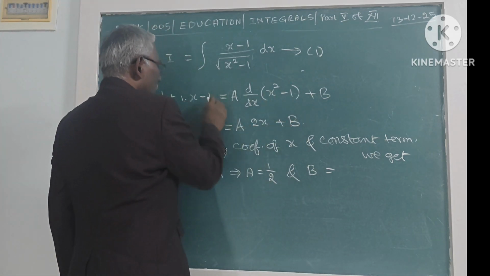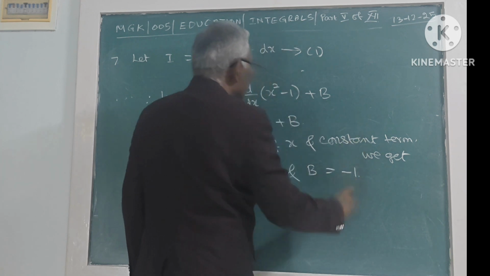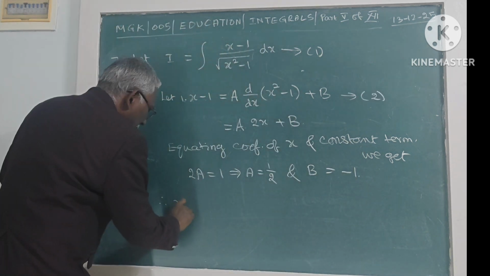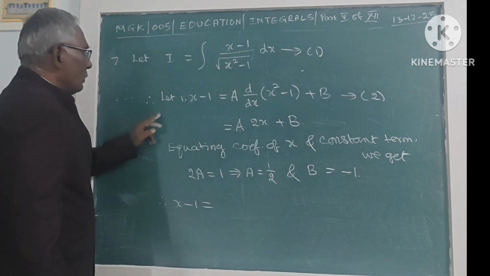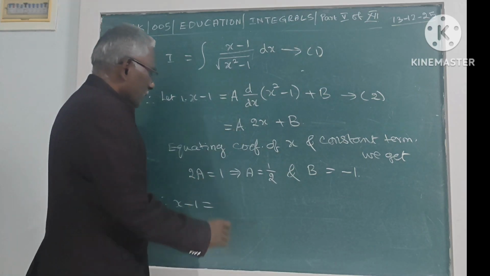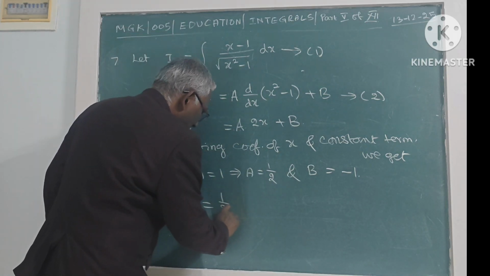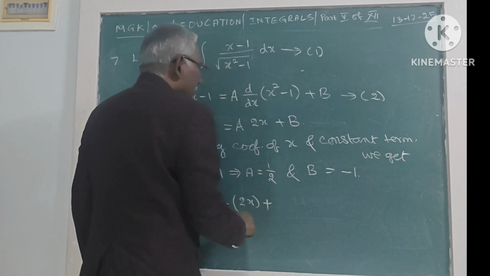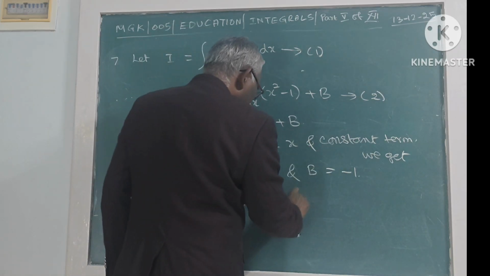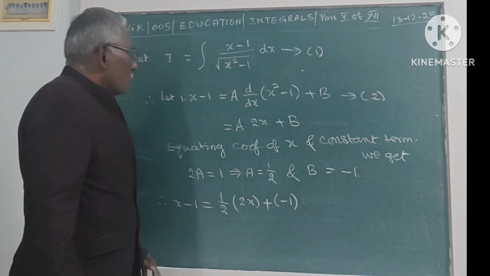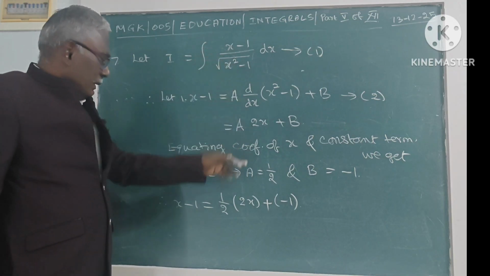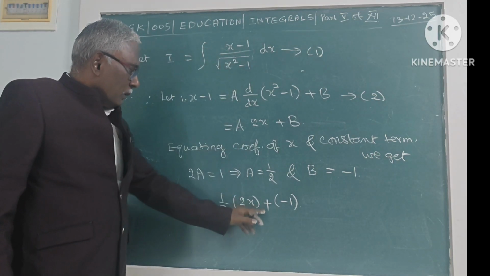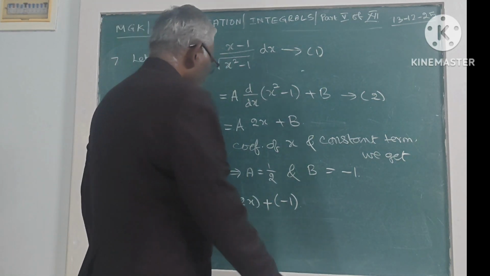b is equal to minus 1. x minus 1 is equal to a times, a is half, times 2x plus b, b is minus 1. So the numerator x minus 1 can be written as half times 2x plus minus 1.